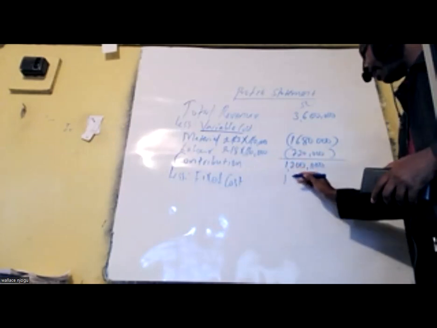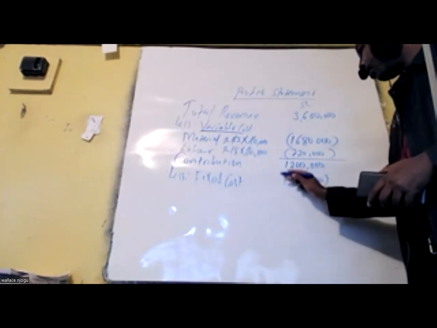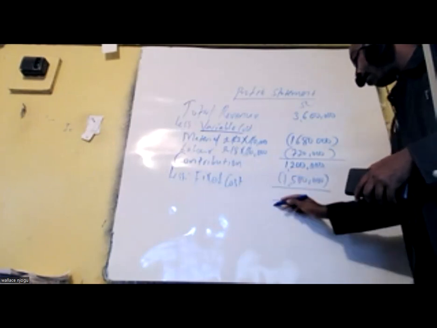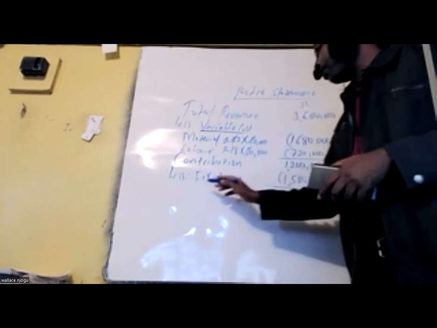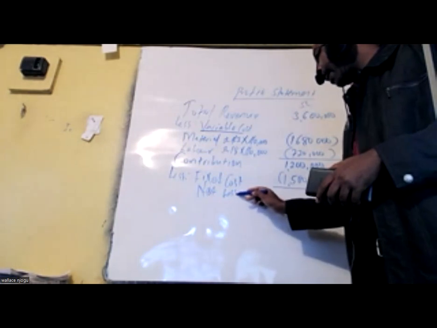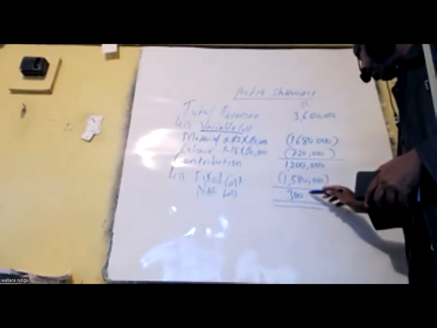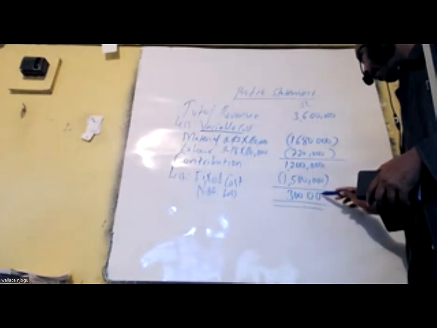Let's deduct the fixed cost and we see whether tutapata profit ama loss. So net, this one will be a net loss. A net loss of 300,000.